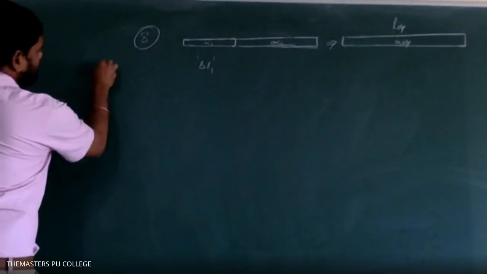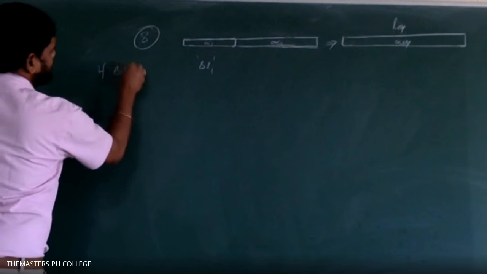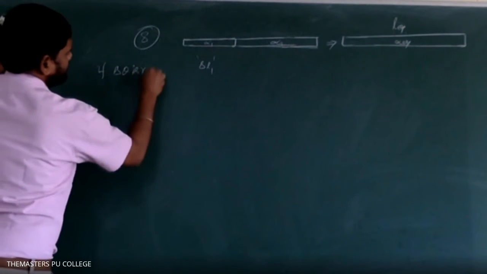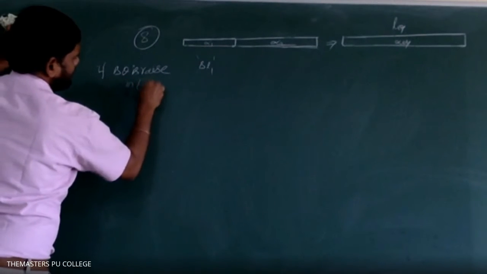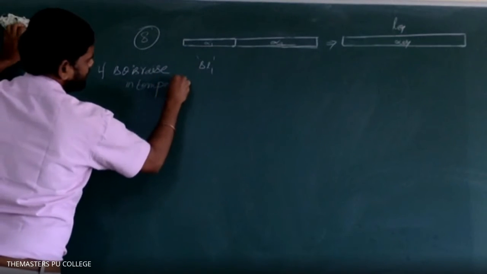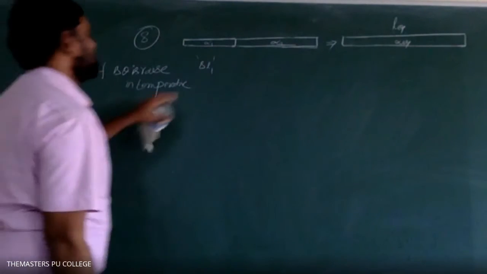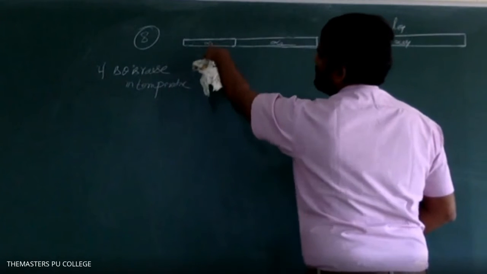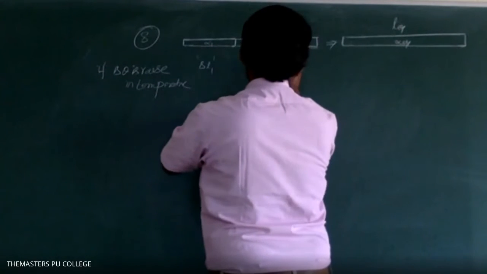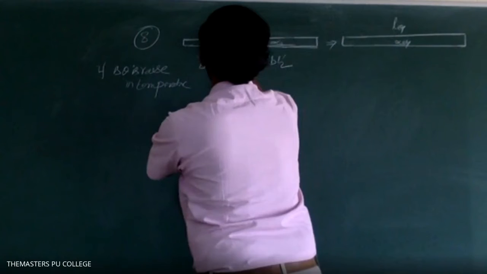Okay, so if delta theta is the rise in temperature, we notice that delta L1 is the elongation in the first rod. Similarly, delta L2 is the elongation in the second rod.